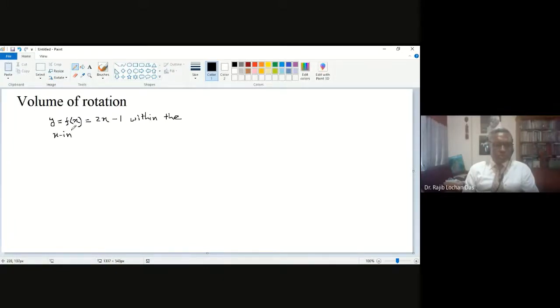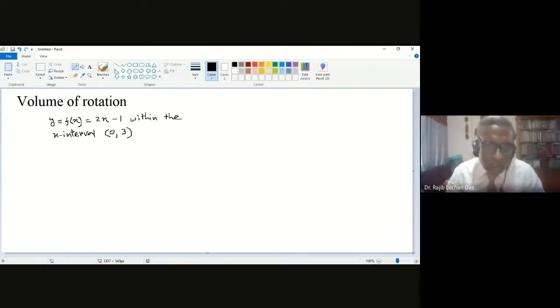So what does that mean? X interval means the range of x values. So it is called interval, all the same thing. And I'm writing first bracket, then 0, then comma, then 3. So this is the interval.